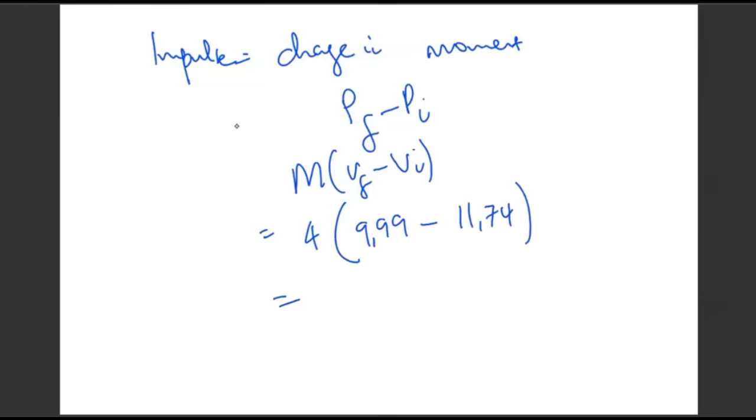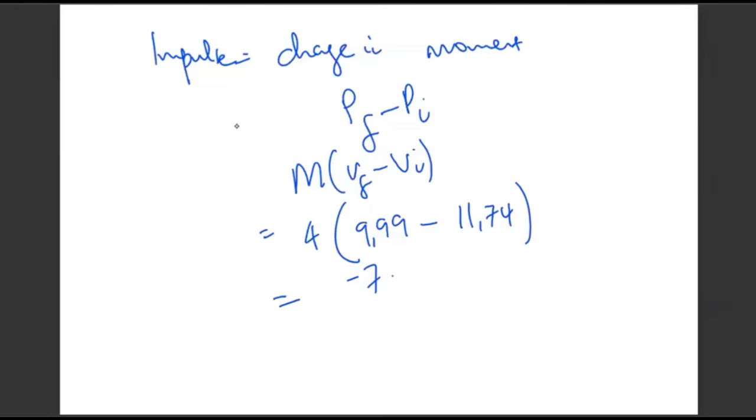Okay, when you punch this into the calculator, it's going to be 4 into 9,99 minus 11,74. It gives us a -7. But remember, the negative simply indicates the direction that we're basically looking at.